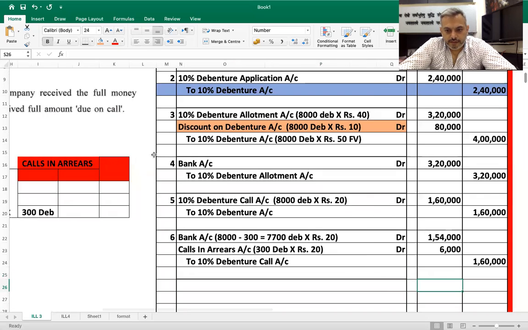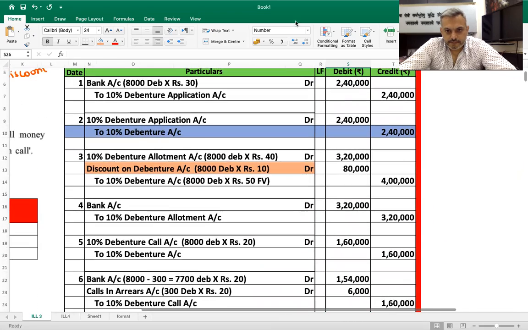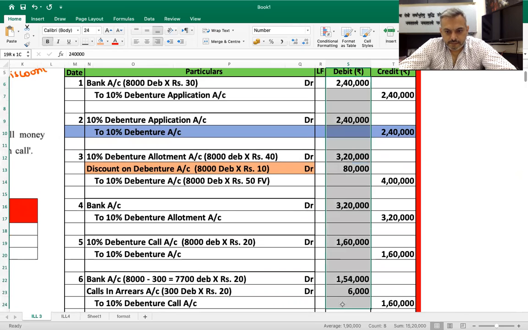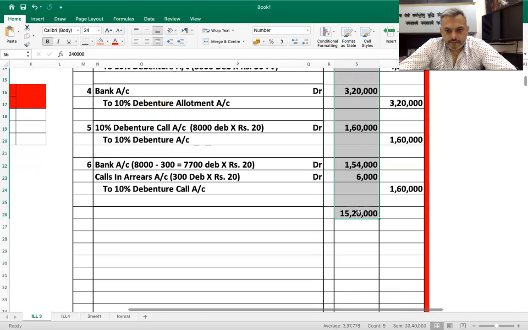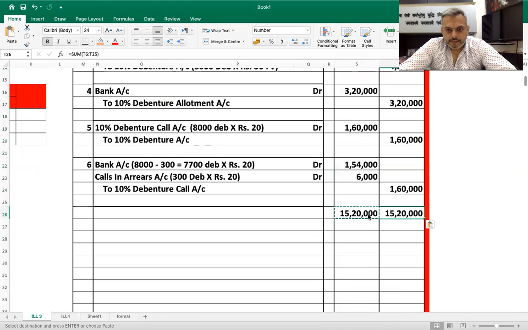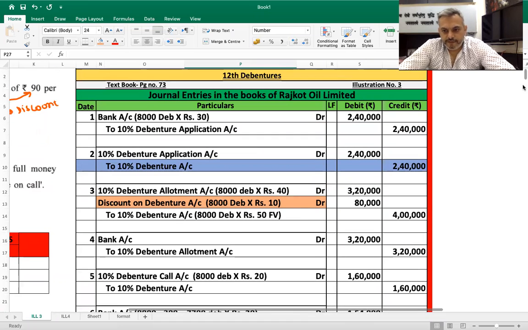And let's do the total. 15,20,000. Go through the sum, see if you have any doubt.